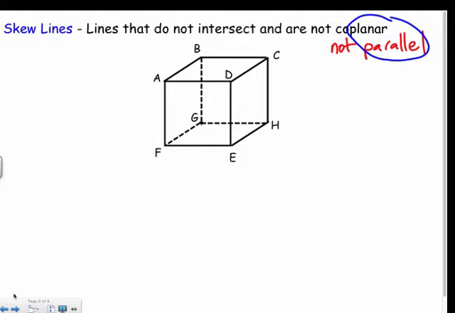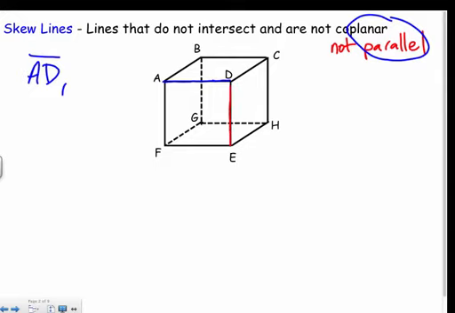If I look at the line AD right here, are there any other segments in this cube that are skew to AD? If I think of FE, that's on the same plane. That's on this front face, on that front plane. So not FE. It can't be DE either, because those would intersect, wouldn't they?